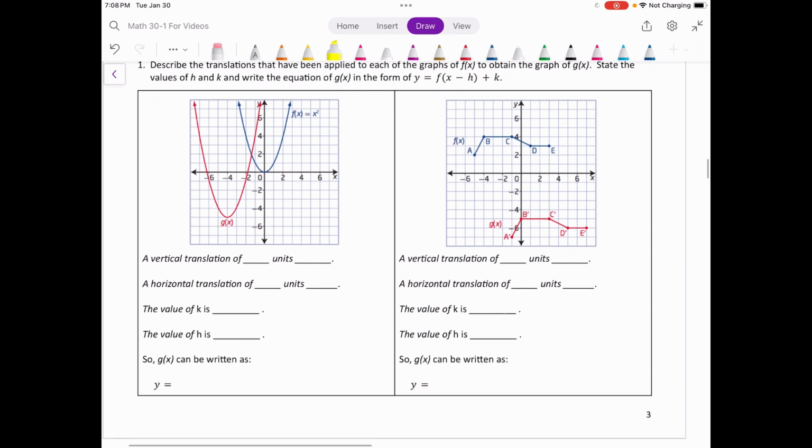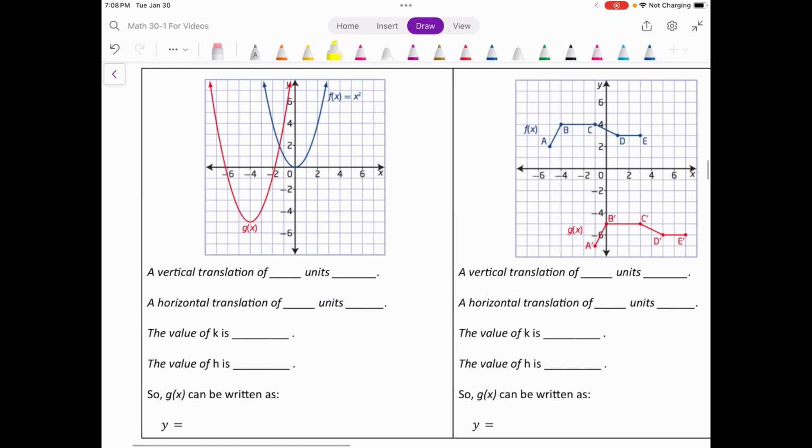So, well, I guess first we've got to take a look at it. We can pick any point, right? Because all these points should have been changed in the same way, and we know we're just dealing with translations here, no stretches yet. So if f of x equals x squared, let's just pick a corresponding image point here. How about the vertex? That's a nice easy one to see.